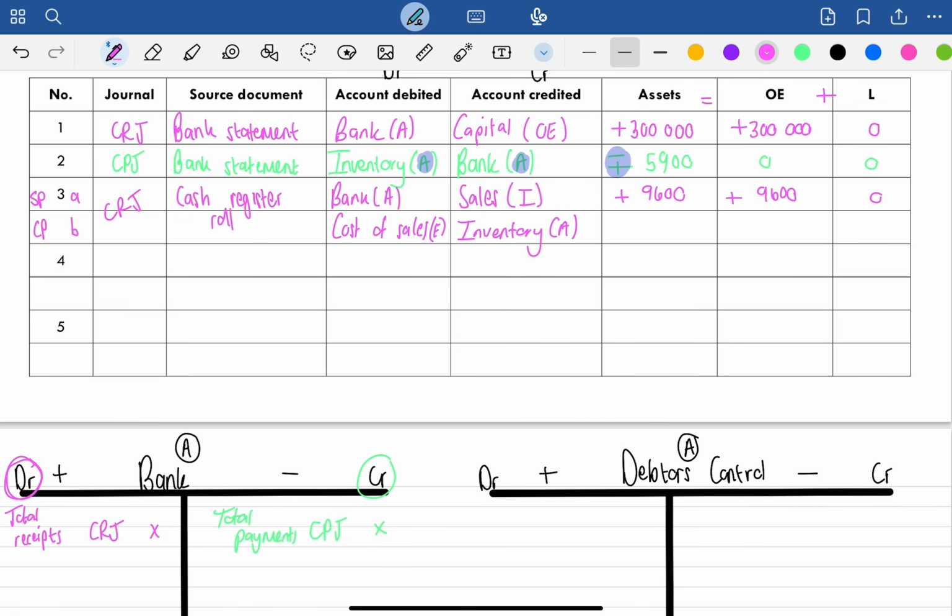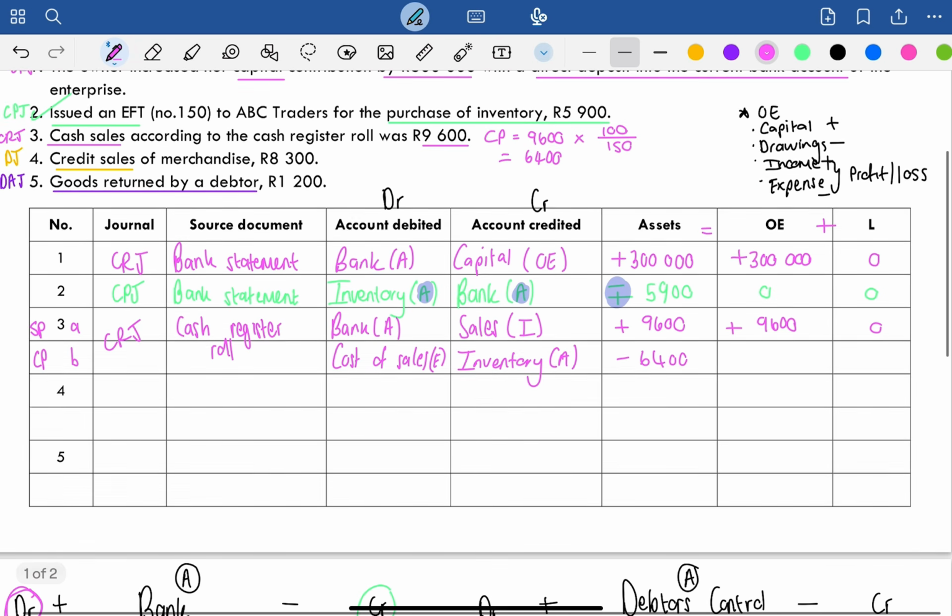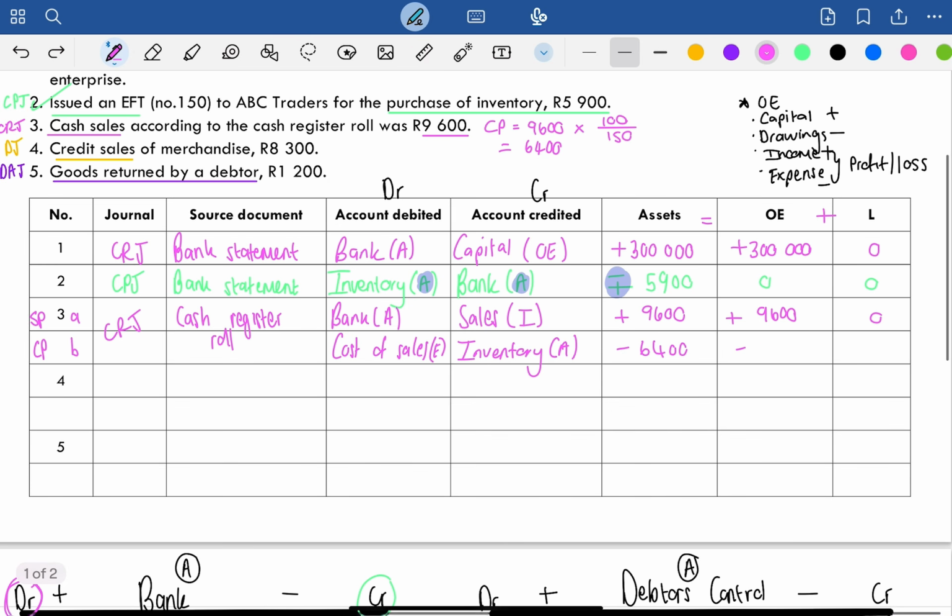It actually cost me something to make this sales. And because we're working now with the cost price, I'm saying that my inventory is decreasing because I sold it, and expense accounts will always decrease owner's equity. And there we go. We've got the cash sales transaction filled in.